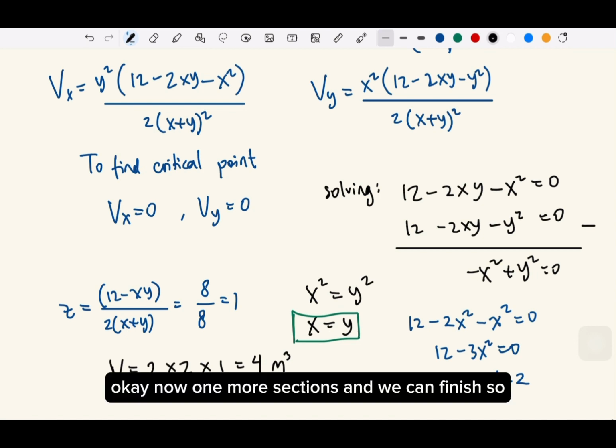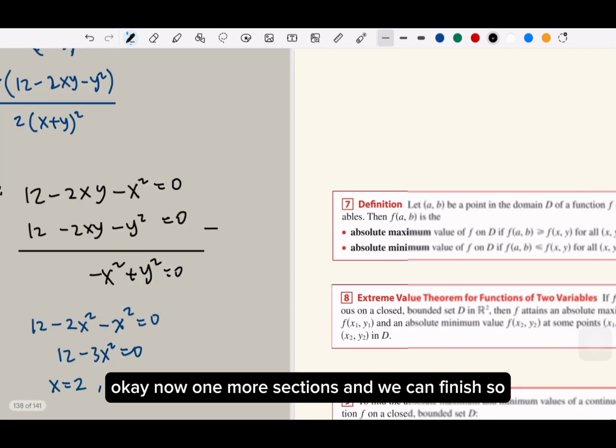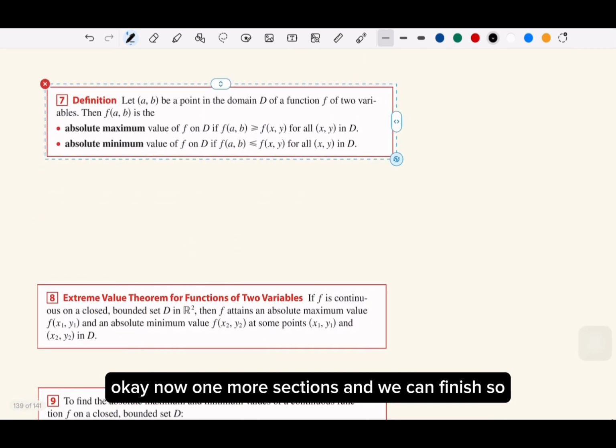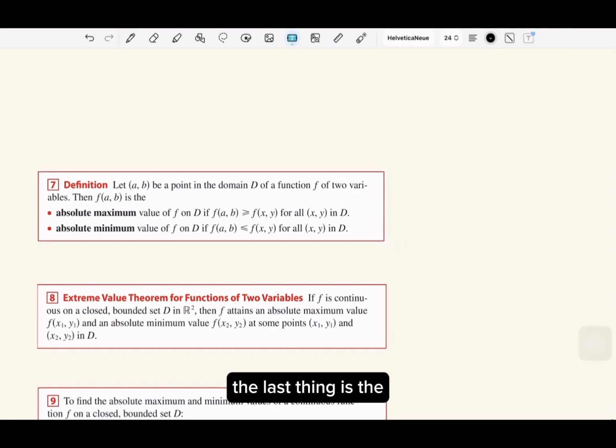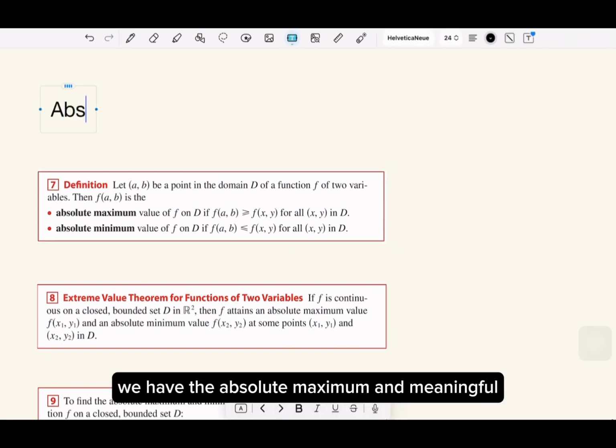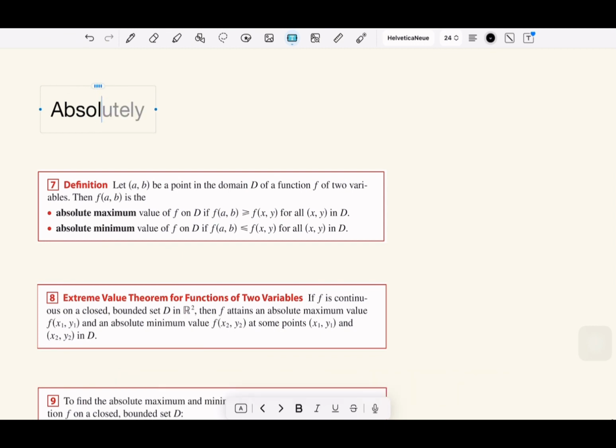Okay, now one more section and we can finish. The last thing is the absolute maximum and minimum.